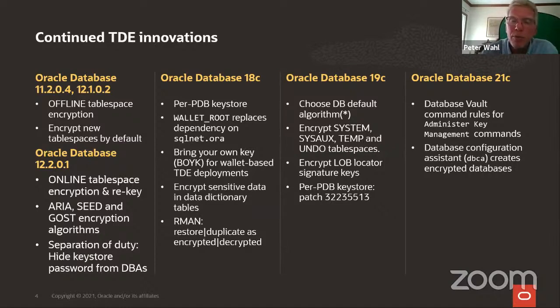The encrypt LOB locator is an extension to the encrypt sensitive data in the data dictionary tables. So again, this doesn't require a TDE license, but a complete functioning TDE setup. And only recently, because the per-PDB key store that was introduced in Oracle Database 18c was only available on engineered systems and in Oracle Cloud Infrastructure.